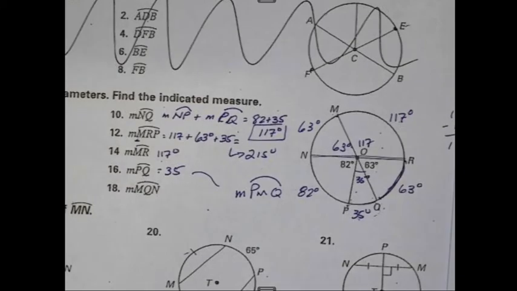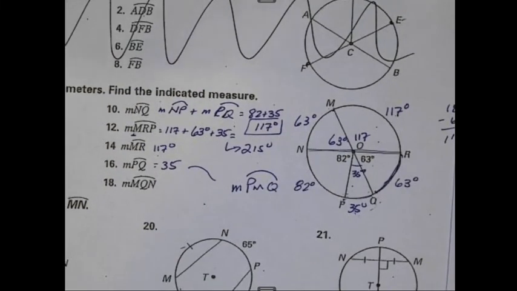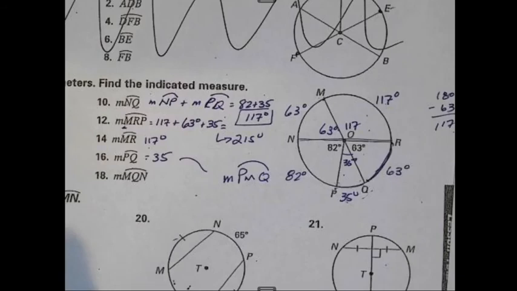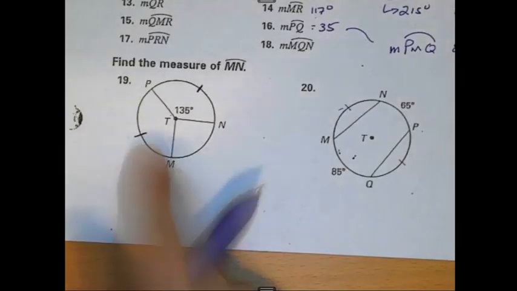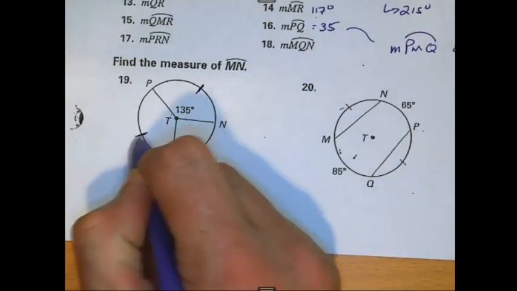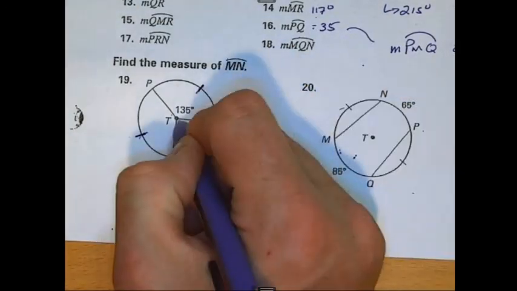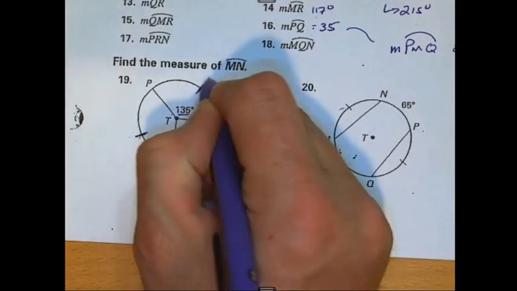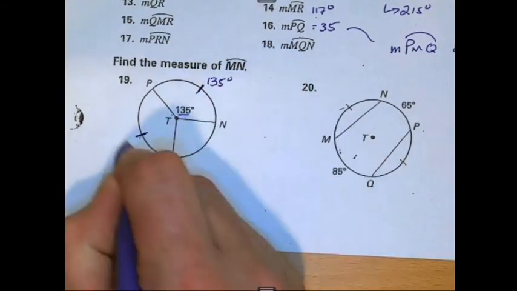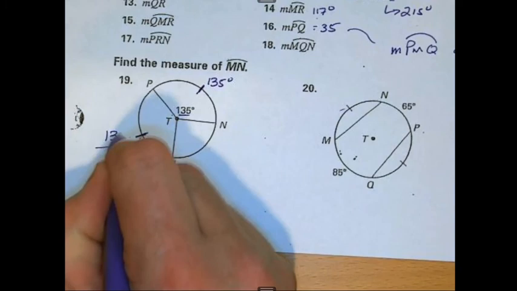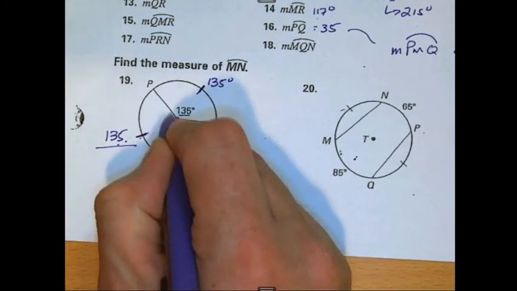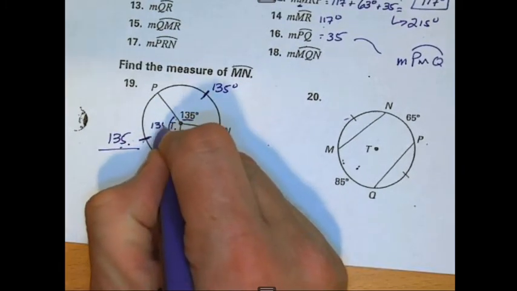All right, 19. So let's take a look at 19. This means that the arcs are equal. If this is marked like this, then those arcs are equal. So if that's 135, that's 135, which makes this angle 135.